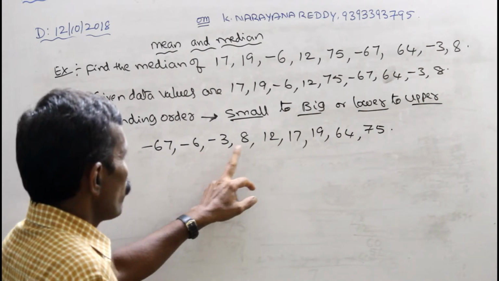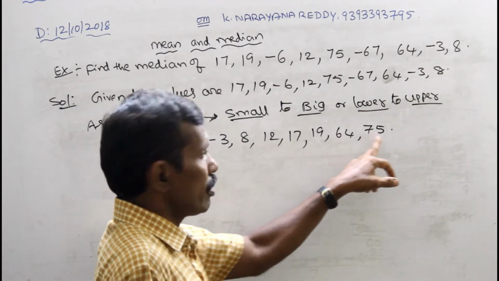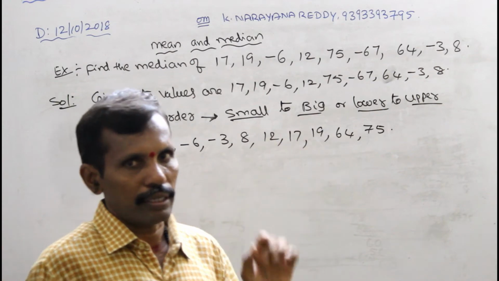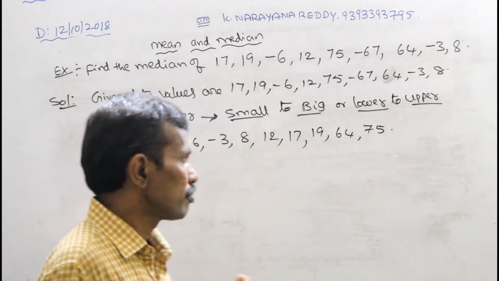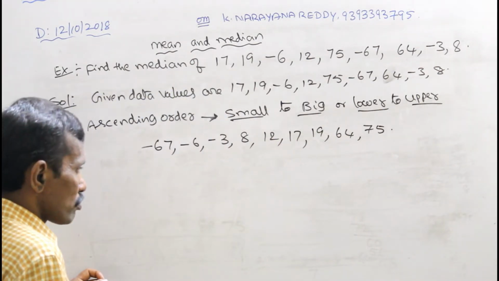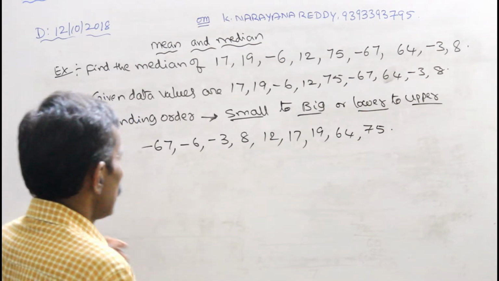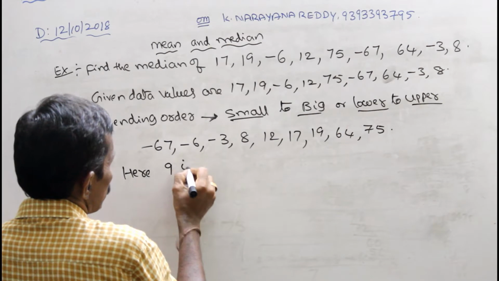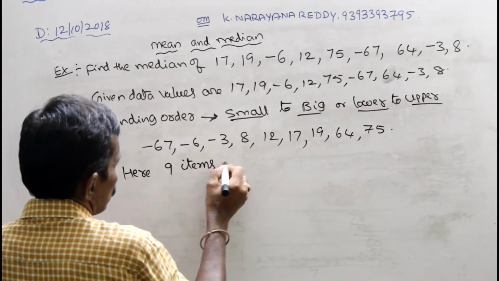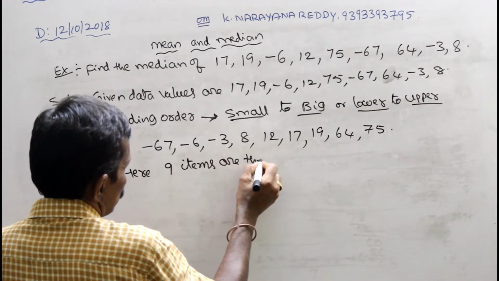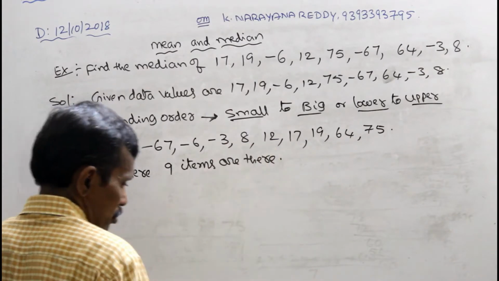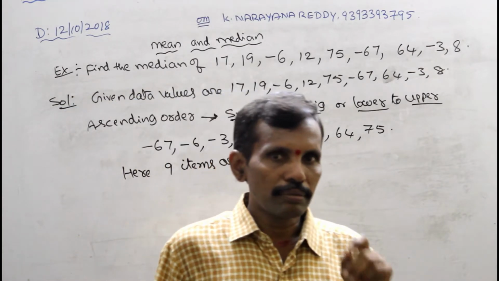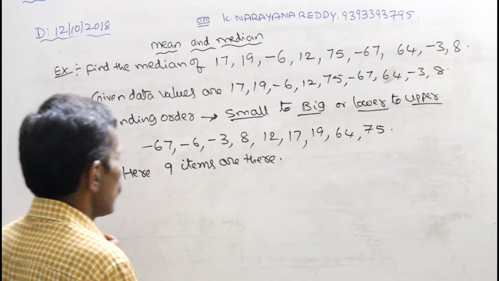1, 2, 3, 4, 5, 6, 7, 8, 9. Okay, 9 items are there. 9 numbers are there. Now, these are odd. 9 items are there, means what? Formula.